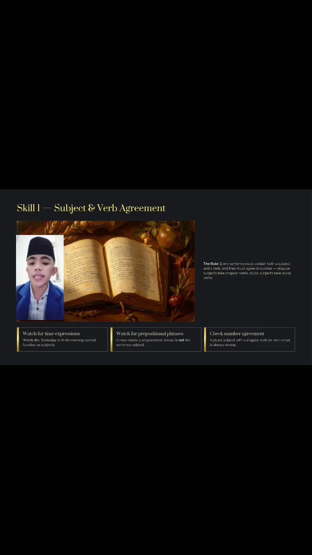This section presents the first essential grammar rule. Every sentence must contain both a subject and a verb, and they must agree in number. This means that a singular subject requires a singular verb, while a plural subject requires a plural verb. The section also highlights three important warnings.